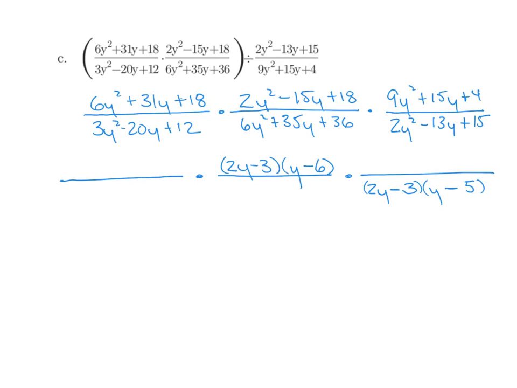So I'm going to go ahead and let y minus 6 be my first factor. 3y squared is y times 3y. And 12 is equal to negative 6 times negative 2.